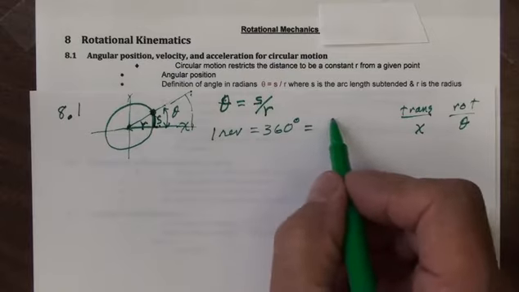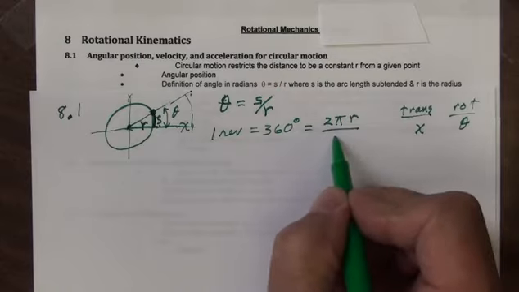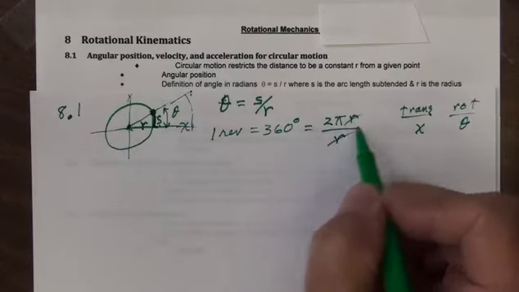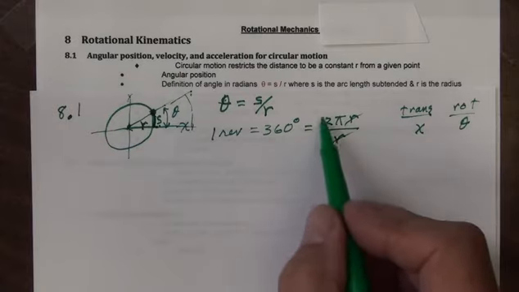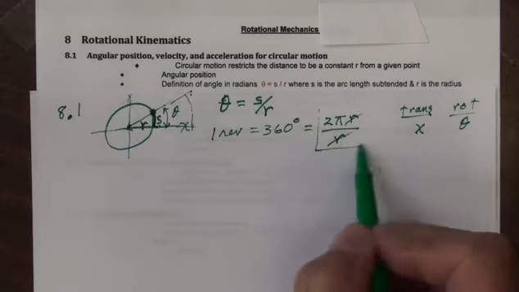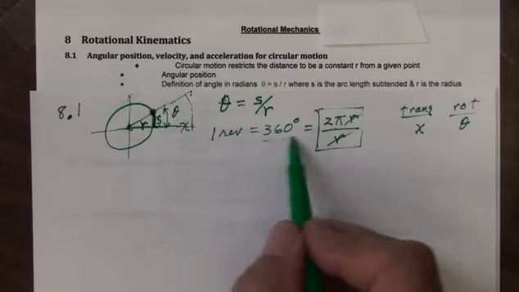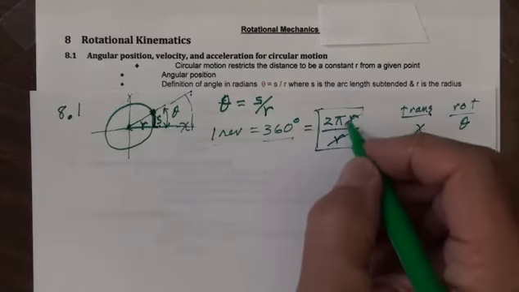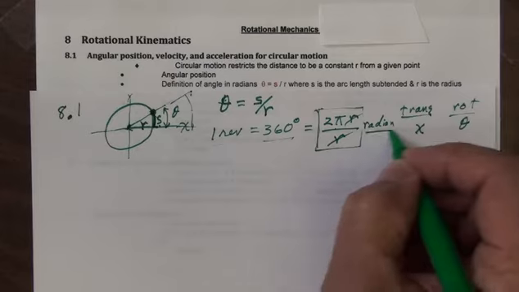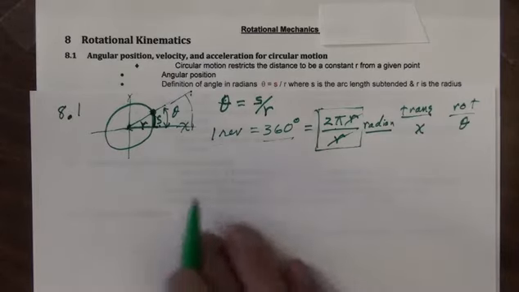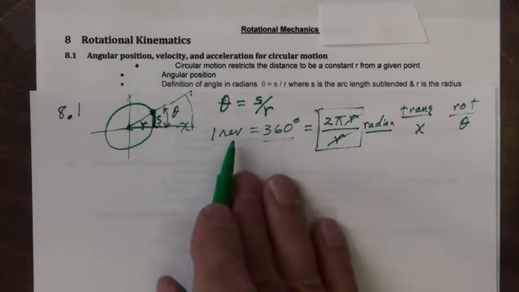So I end up with the circumference, which is 2 pi r divided by r, and lo and behold, we find that in this new method of measuring angle, we have 2 pi as representing a whole revolution, or 360 degrees. This new measure is called a radian. And we will use radians whenever we are working with circular measurement, not degrees and not revolutions.